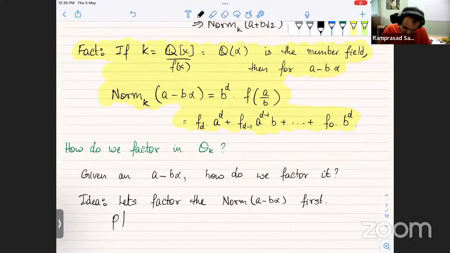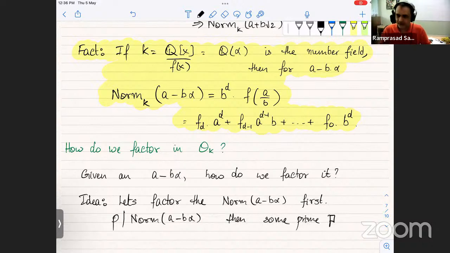And we are basically saying that if P divides the norm of A minus B alpha, then some prime, I'm going to write a weird box version of P, of norm P divides A minus B alpha.